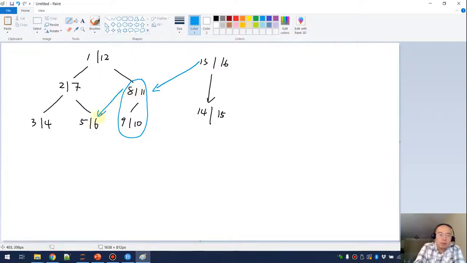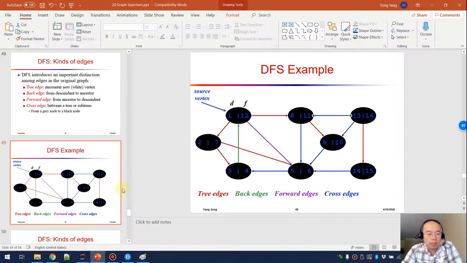Even though those two subtrees belong to the same tree with 112 as the root, 811 and 56 belong to two different subtrees, and that is a cross edge. Okay, so those are two different examples. It can be from one tree to another tree, or it could be from one subtree to another subtree. So those are the examples of the cross edges.